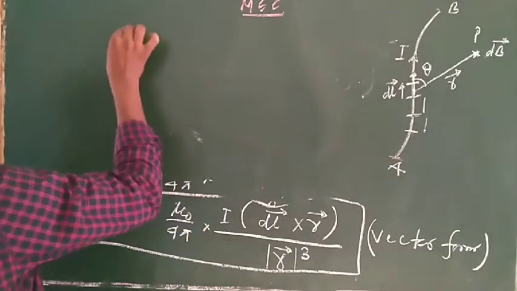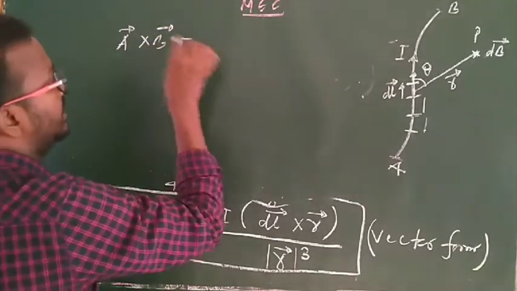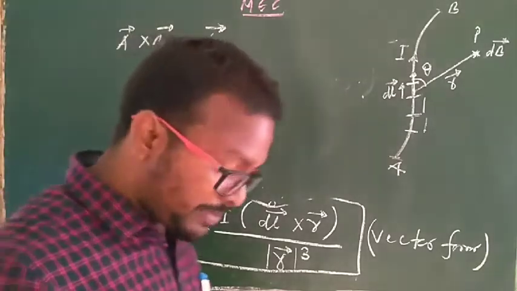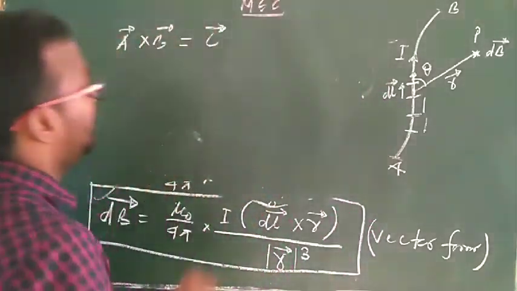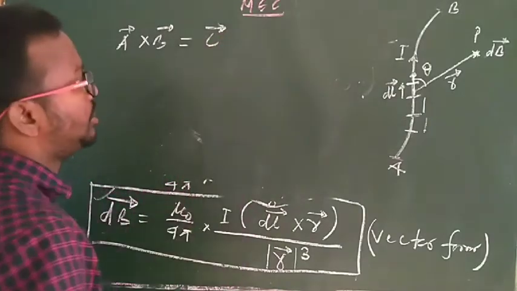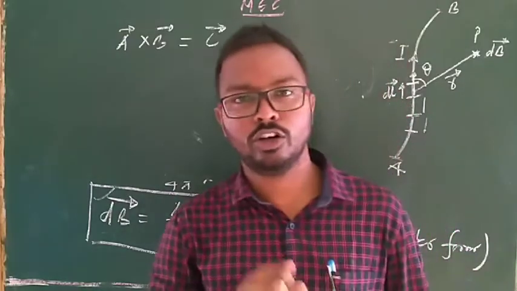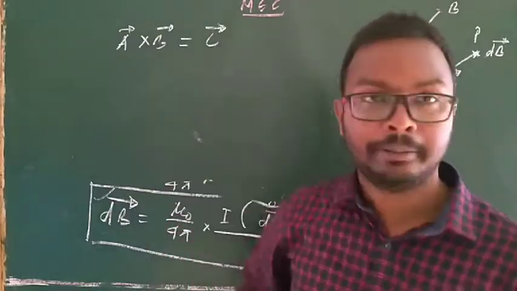Suppose we have two vectors, a vector cross b vector, and then we get another vector, c vector, because the cross product of two vectors gives a vector quantity, and the direction of c vector is always perpendicular to the plane containing a vector and b vector.